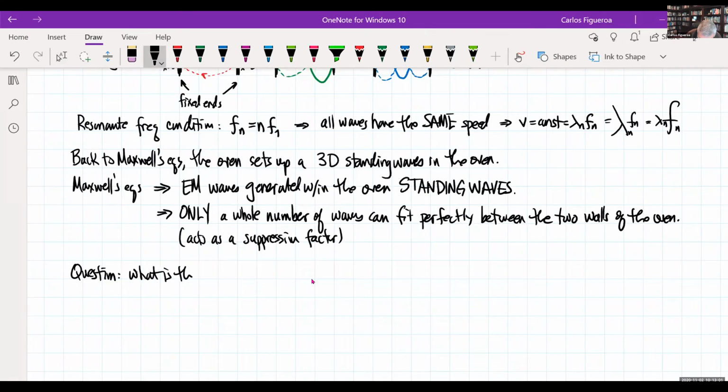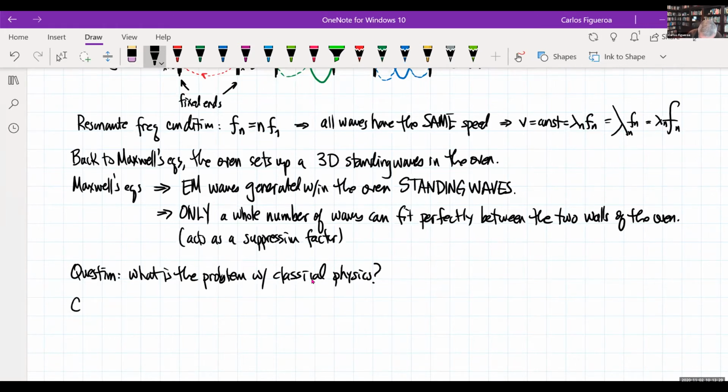What is the problem with classical physics? And the answer is that classical physics is able to determine how much energy an oven's hot walls will pump into the cavity.